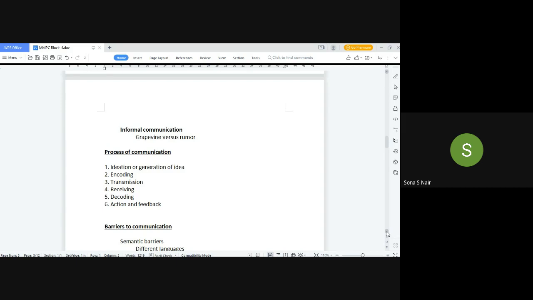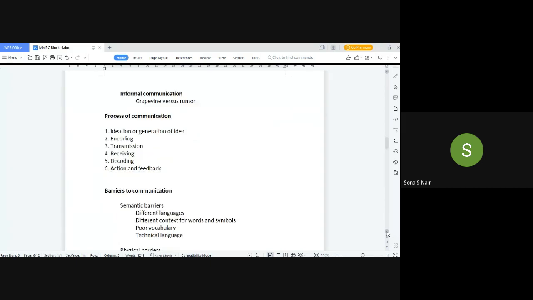This is very basic. In actuality, when you bring it into practice, there are many things involved over here, but we are not supposed to go into details because that's a different subject that you've already studied, right? But yes, this is the basic process of communication.